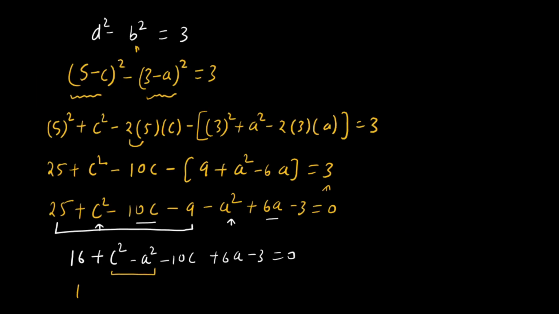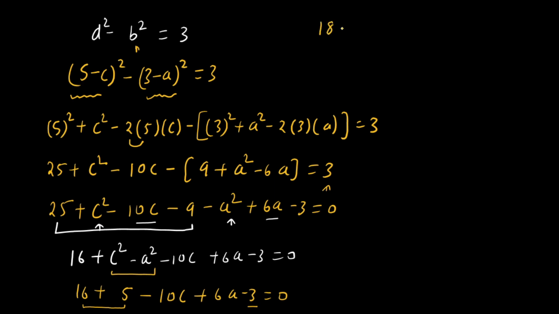Now 16 plus c square minus a square is replaced by 5, minus 10c plus 6a minus 3 equals 0. Here 16 plus 5 is 21, and 21 minus 3 is 18.